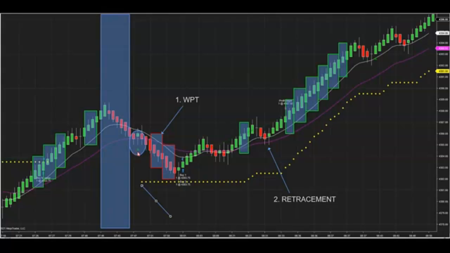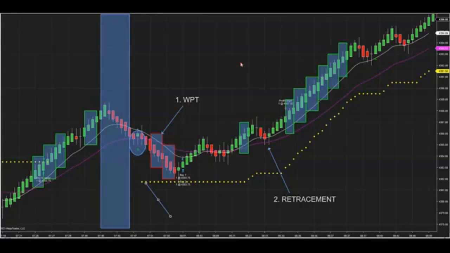So there's a triangle that prints. We don't want to go long here. We want to look for two types of trades, a WPT or a retracement trade, inside of the running ATR. So here our running ATR starts printing dots right there. What a WPT means is that I have speed bars in here.